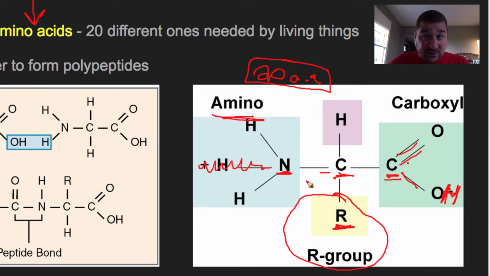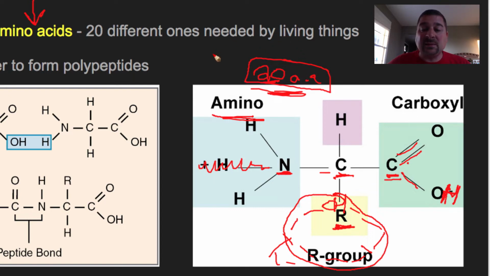Just like you have 26 letters, how many words can we make in the English alphabet? Hundreds of thousands, right? With 20 of these amino acids, some of them simply have a hydrogen here, others might have an OH, and some have big ring structures that hang off the bottom of the amino acid. Those 20 amino acids are used to build every single protein that living things need.